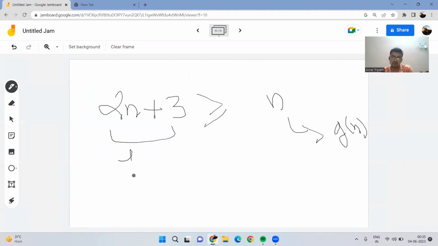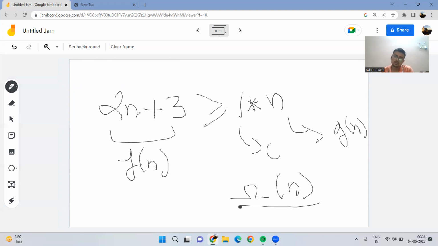This is your fn and it should be greater than c asterisk gn. So in order to make the value of fn greater than this n, we can simply first of all multiply by 1 here. This will make it n. So this one becomes c. Now even for that also, this becomes omega n.